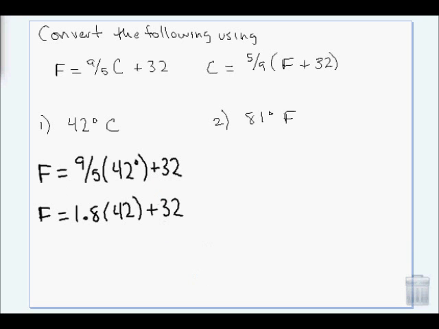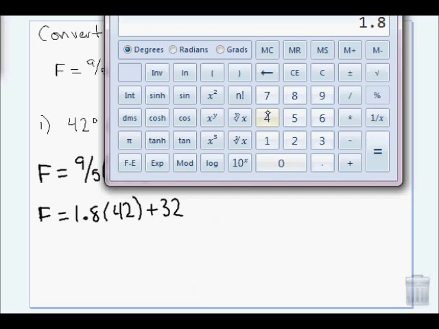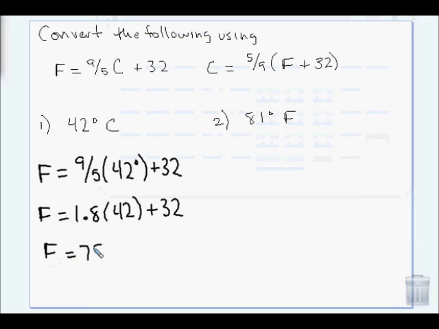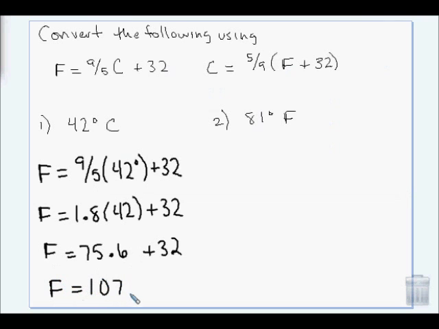But here it didn't work that way. So I do 42 times 1.8, and that's going to give me 75.6 plus 32. Okay, so 42 degrees Celsius is the same as 107 Fahrenheit.